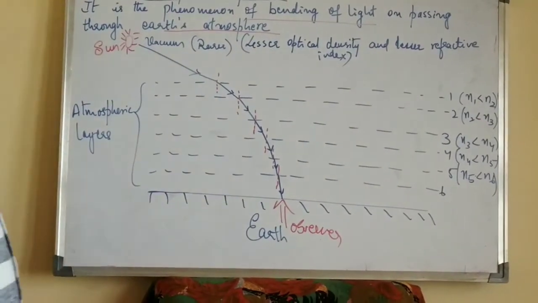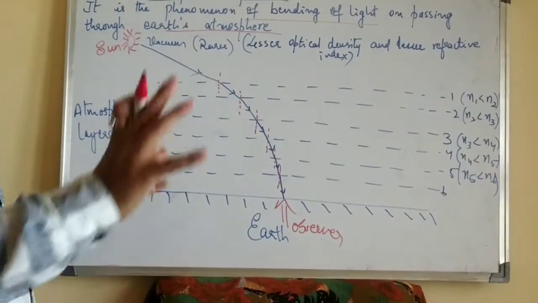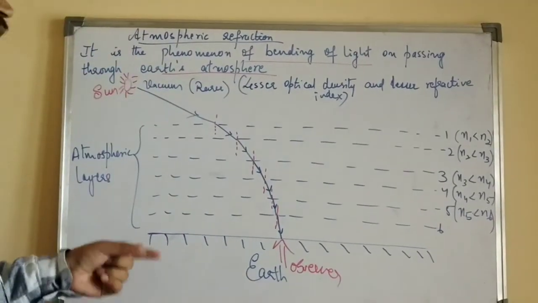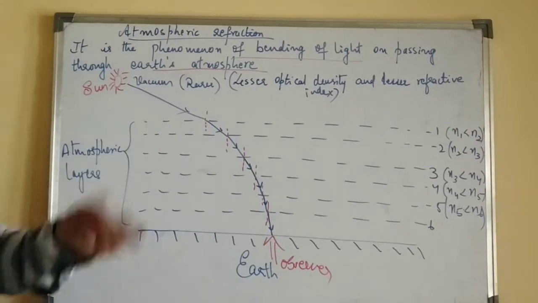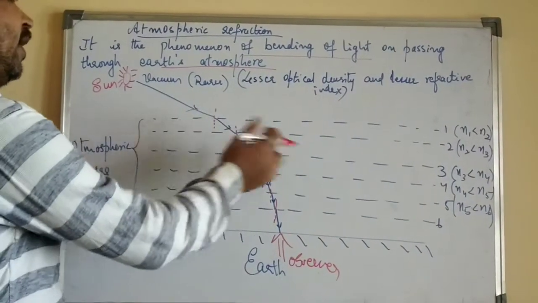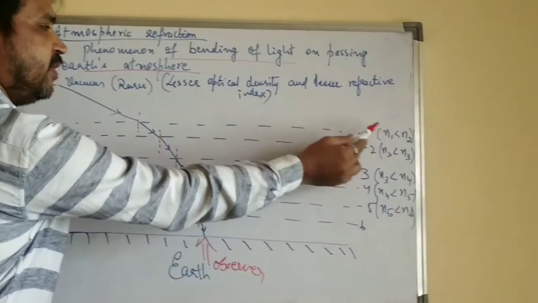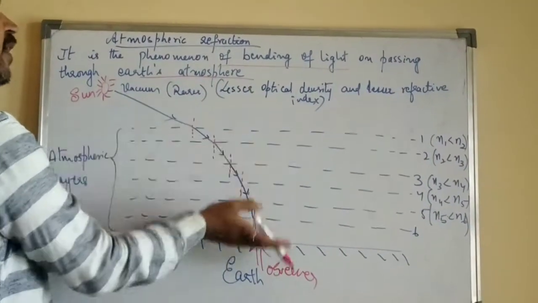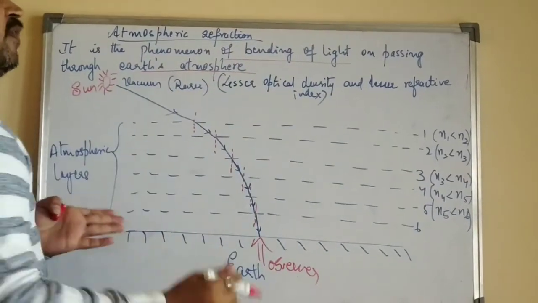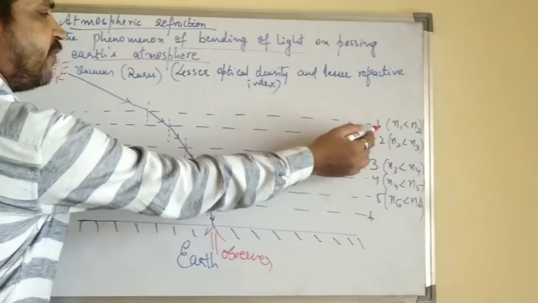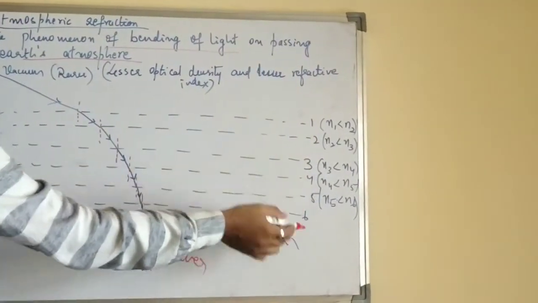Now, how will this observer see any object which is at a very far distance above the earth, that is, how will the refraction happen? For my convenience I have taken many layers of atmosphere. Above the earth the atmosphere exists, and it can be split up into many layers. For example's sake, I have taken 1, 2, 3, 4, 5, 6 layers.